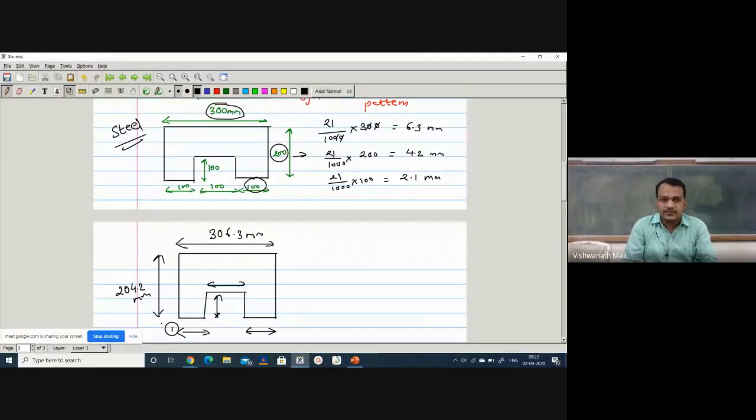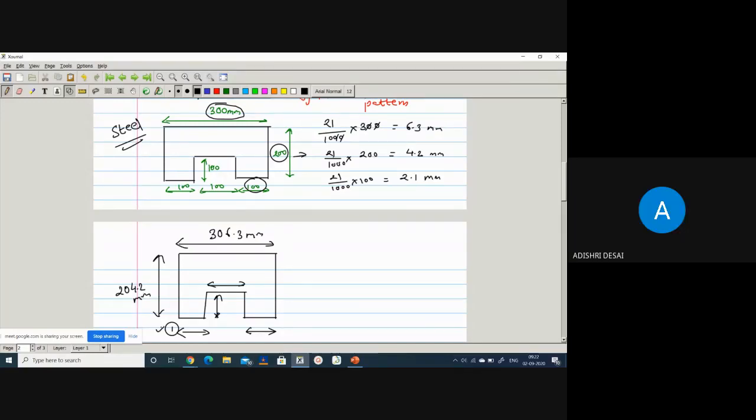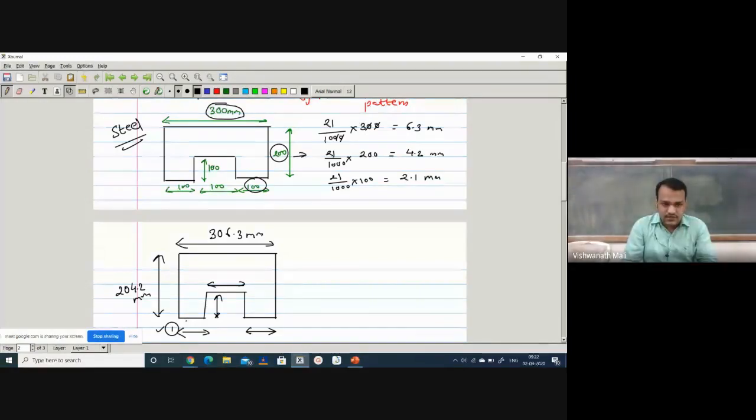What will it be? The original dimension is 100.